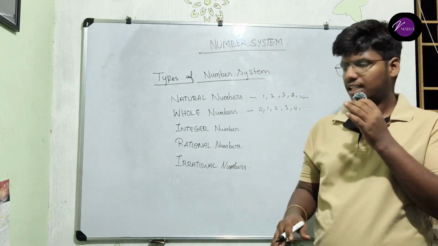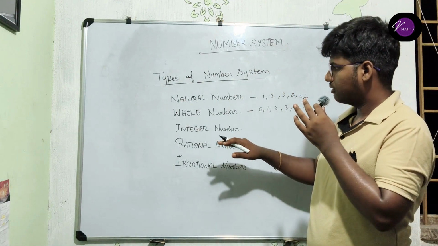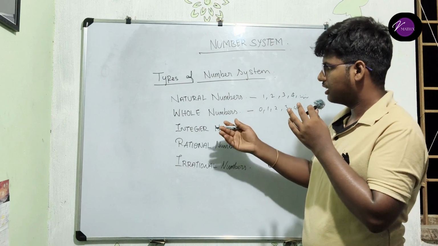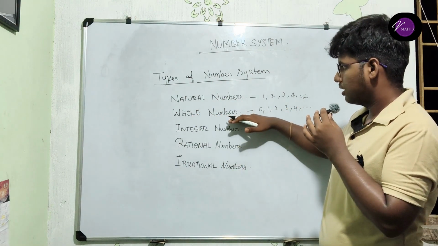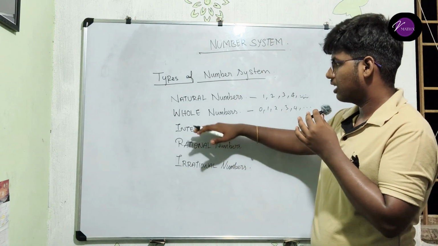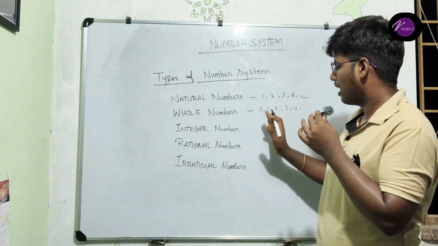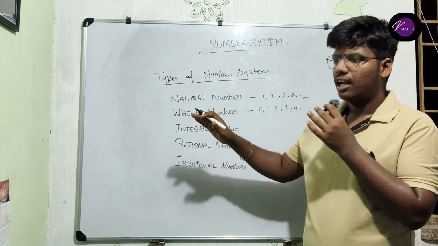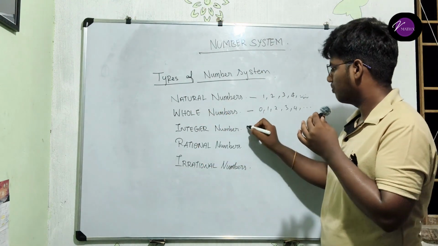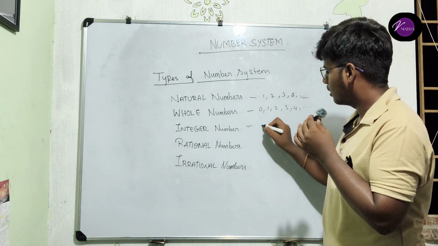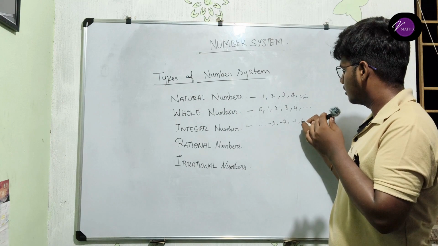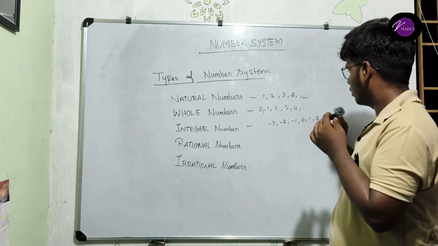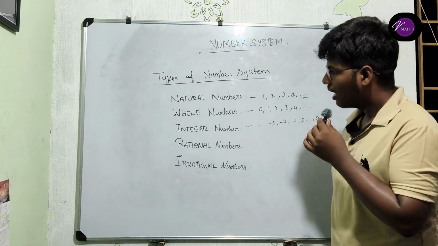And integers are not different. Integers are also the same thing. Like the whole numbers, the integers contain the whole numbers and their negative terms also. So it's like dot dot dot, minus 3, minus 2, minus 1, 0, 1, 2, 3, dot dot dot.